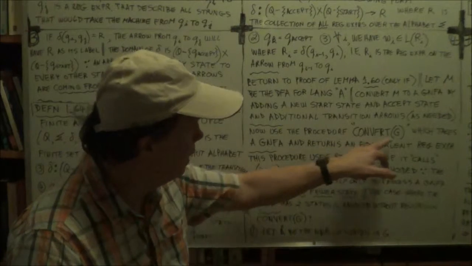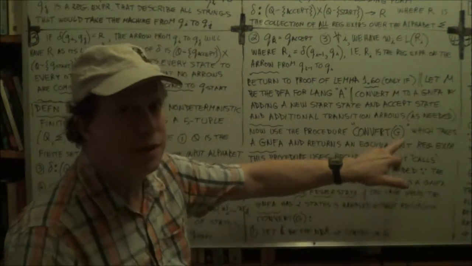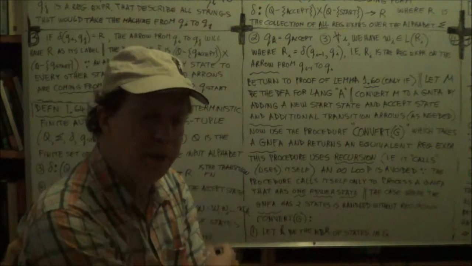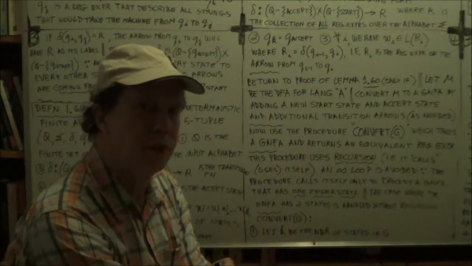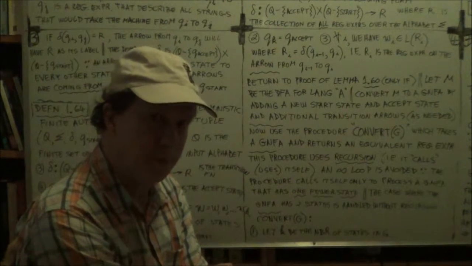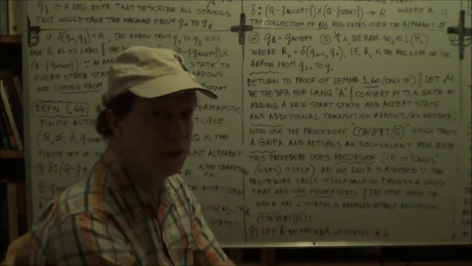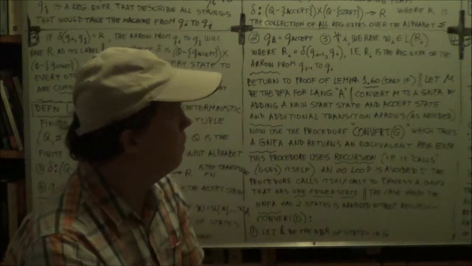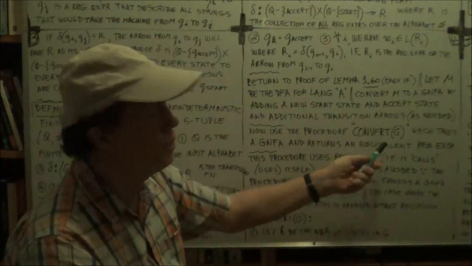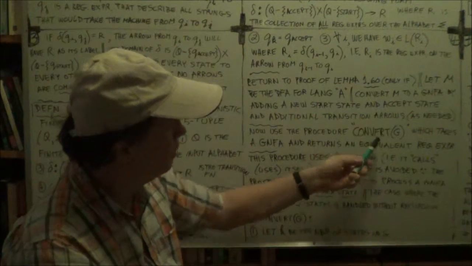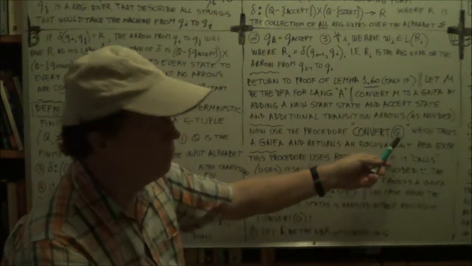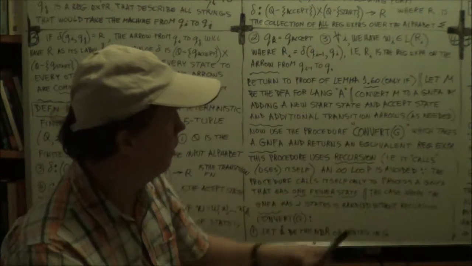It outputs the actual answer, and it does that by looking at the label of the transition arrow between the start state and the accept state. So it outputs the result that you're looking for, and you've done that by using convert multiple times, and each time you use it, the number of states in G goes down by 1.